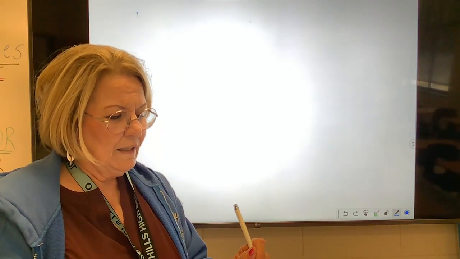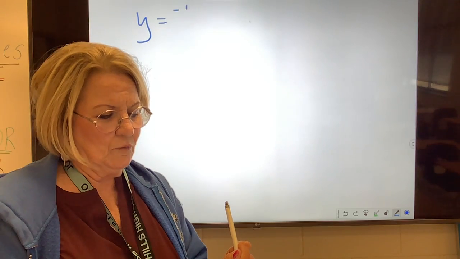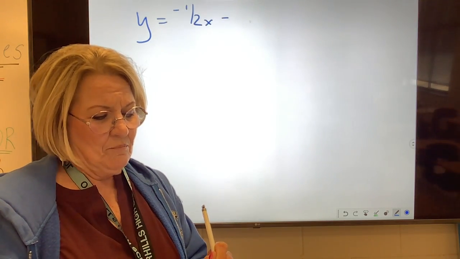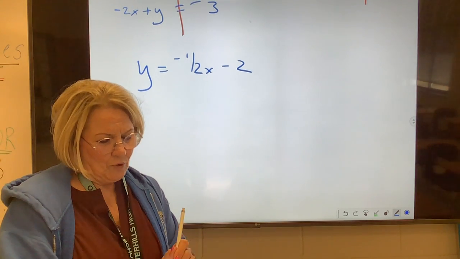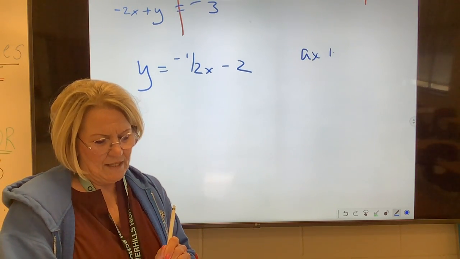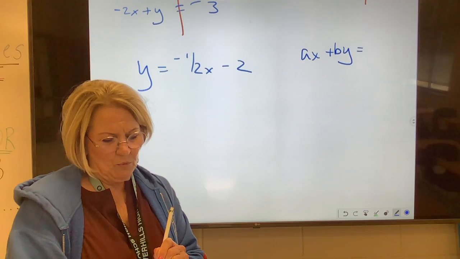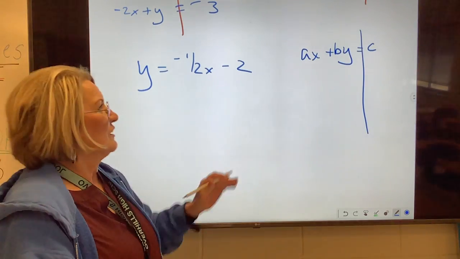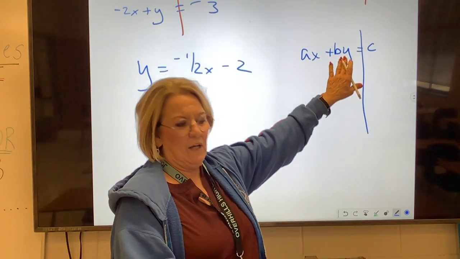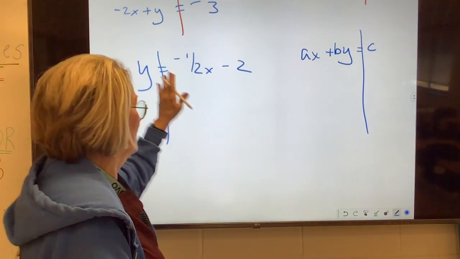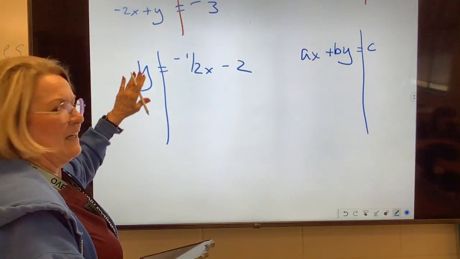What if I had y equals negative 1/2 x minus 2? And I want to put this in standard form. Again, standard form, ax plus by equals c. To the left of my equal sign, I have the x's and the y's. But to the left of this equal sign, I only have y.